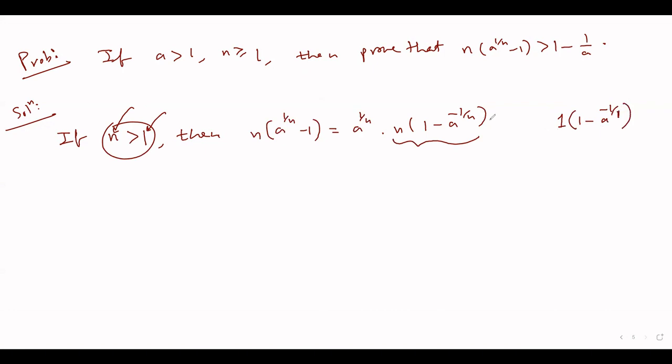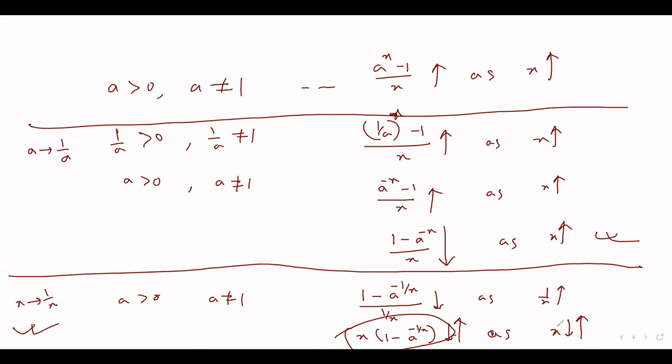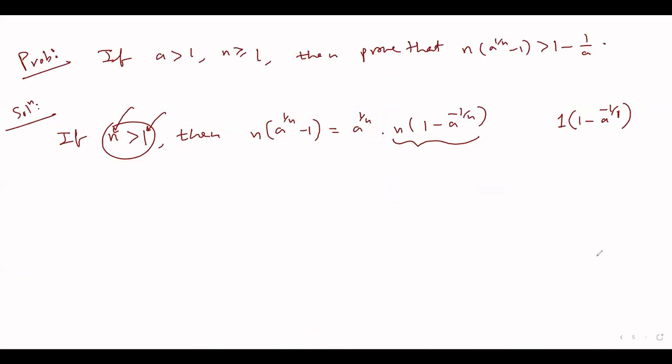Now n is bigger, and as claimed here, if x increases, this expression increases. Since n is bigger than 1, this expression has to be bigger than this expression, and this common factor has to be balanced here. So this is because n is greater than 1.